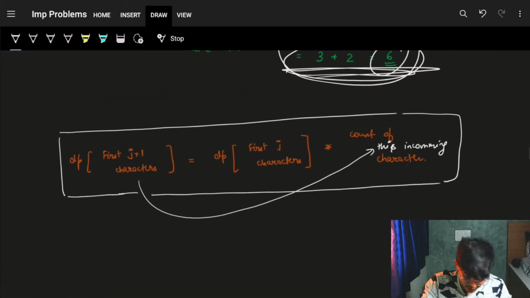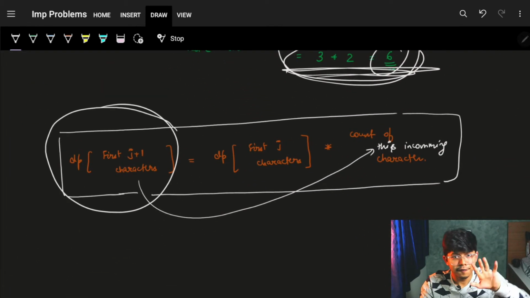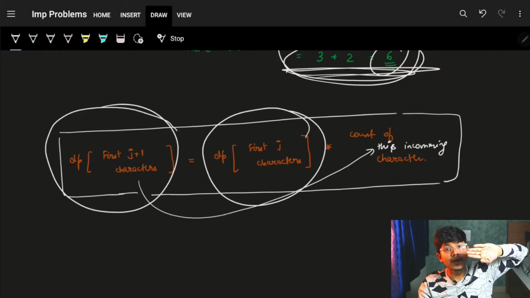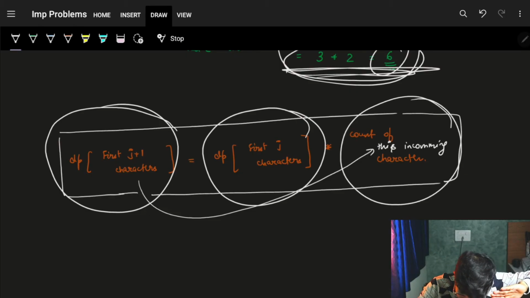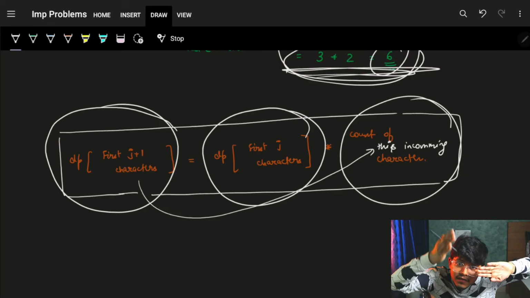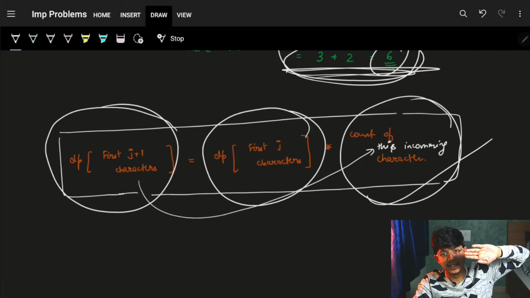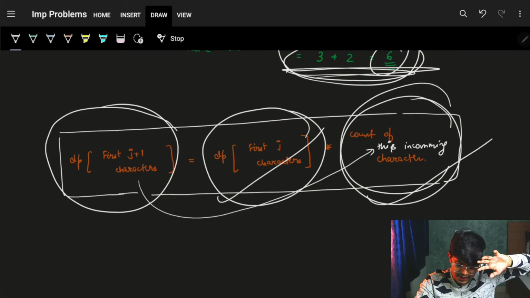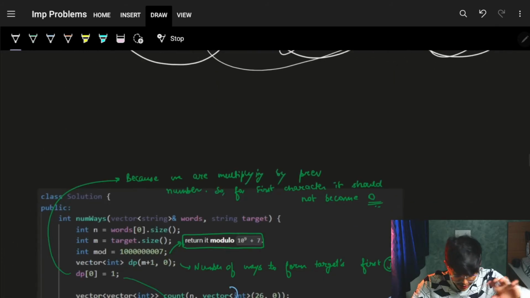I hope that you guys got it. Which means that the DP of the first J plus 1 characters is nothing but the DP of the first J characters into the count of this incoming character, which is after this index. Let's see the code.